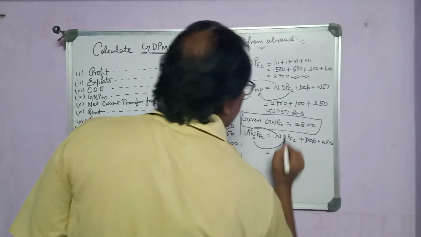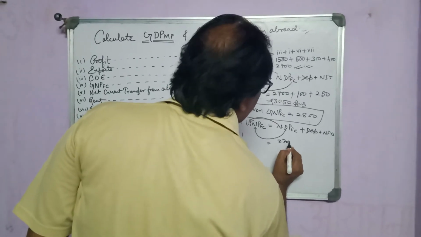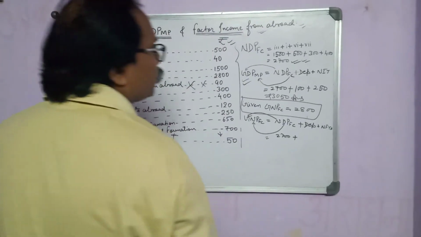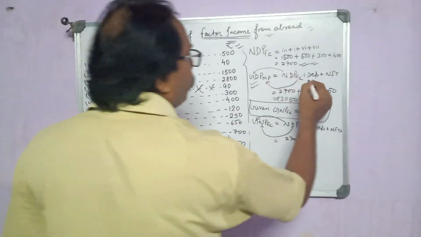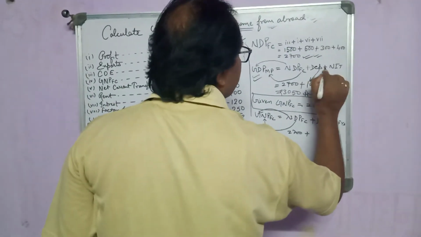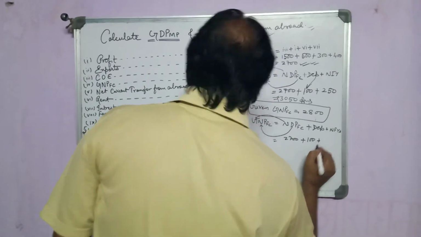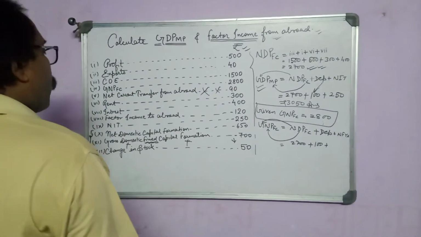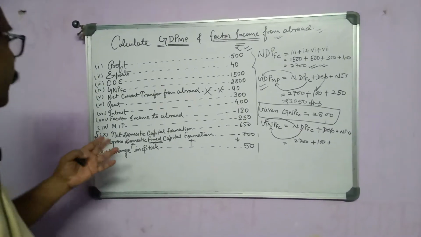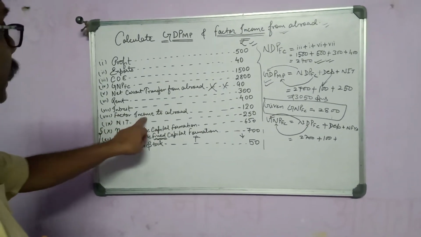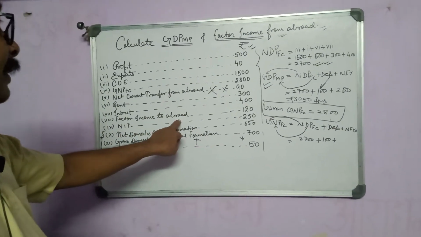NDPFC we have already calculated, 2700, plus depreciation, which we have already calculated, 100. Plus net factor income from abroad we have to calculate, but here factor income to abroad is given.